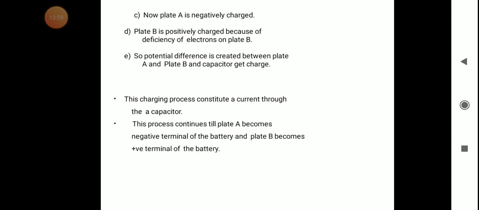This process continues until plate A reaches the negative terminal potential of the battery and plate B reaches the positive terminal potential of the battery.